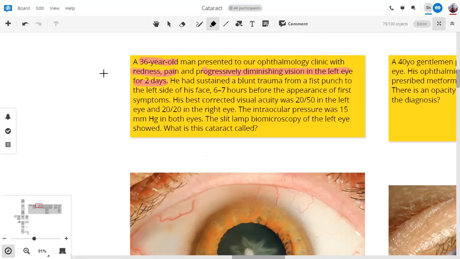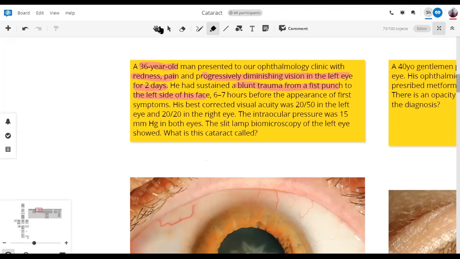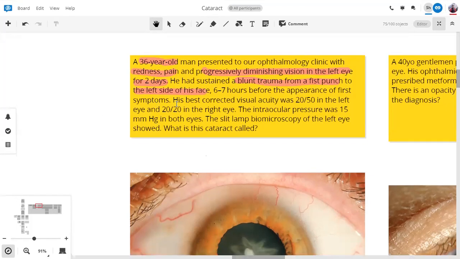And if you read the next line, we can see that there is a trigger: blunt trauma from a fist punch to the left side of his face, 6 to 7 hours before the appearance of the first symptoms. So there's a temporal association between the occurrence of symptoms and this trigger. So we now know that these symptoms are appearing due to this blunt trauma.